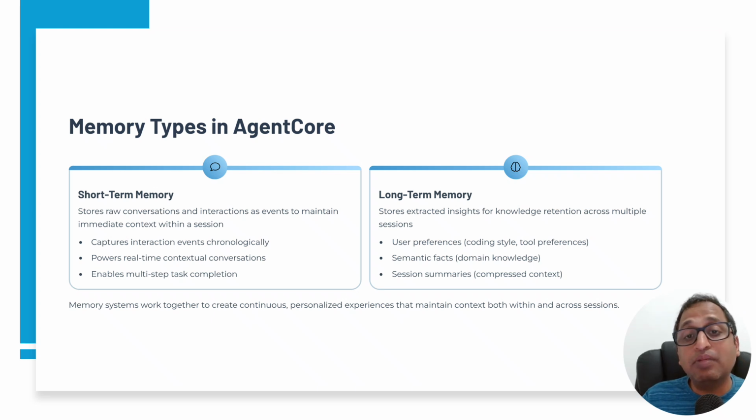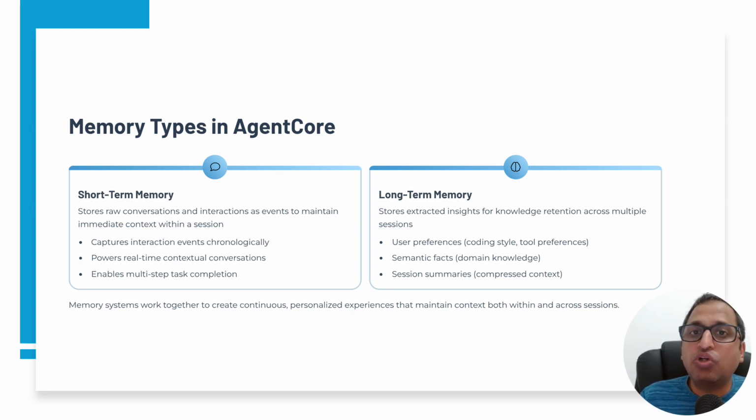Whereas long-term memory stores extracted insights such as user preferences, semantic facts, and session summaries that persist across multiple sessions. So even if the user comes back after a few days or a few weeks, the long-term memory can retrieve that and provide a personalized experience for the users.